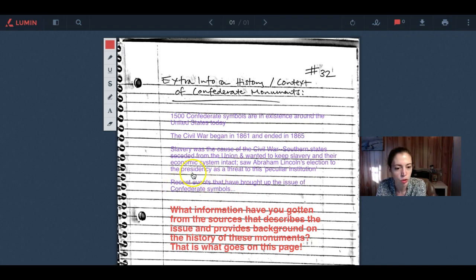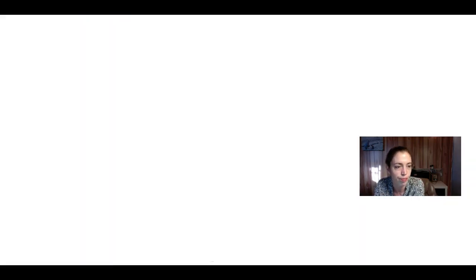What is it that's happened recently, in recent years, that has made this such a big issue? So basically, on this page, you want to make sure you're capturing what information you've gotten from sources that describes the issue and provides background. You can use that in your introduction, and then also perhaps in other parts of your paper too, but this page is especially helpful towards your introduction.